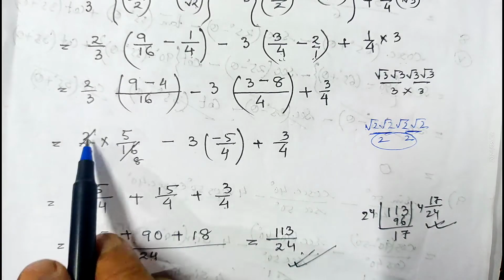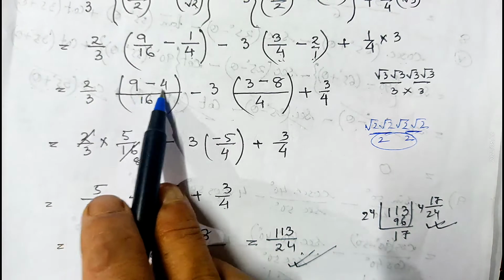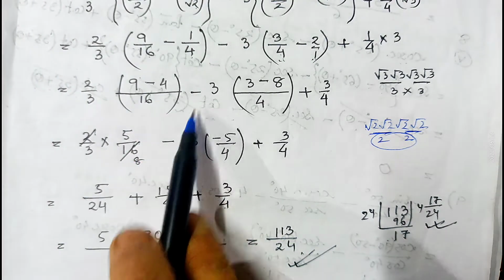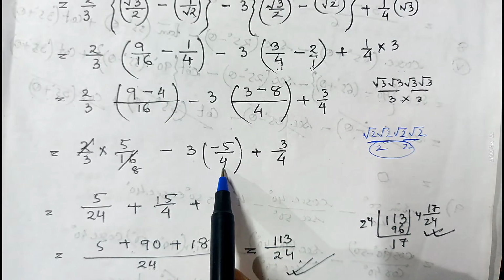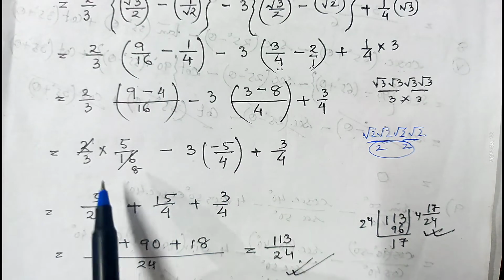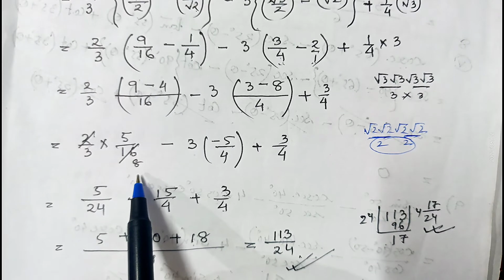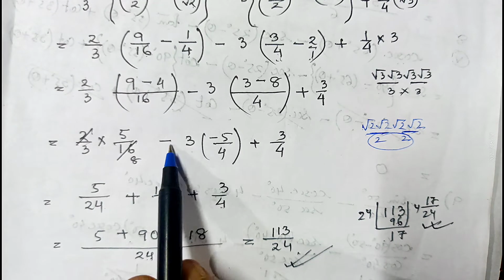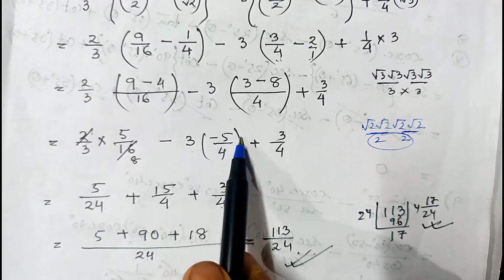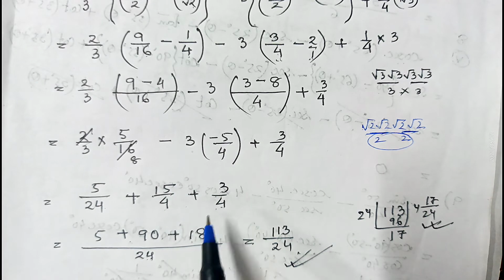So in the next step it will be 2 by 3 into 9 minus 4, which is 5 by 16, minus 3 minus 8, which will be minus 5 by 4, plus 3 by 4. Here 2 and 16 can be cancelled, so we will get 8. So it will be 5 divided by 24, minus minus plus, 3 times 5 is 15 by 4, plus 3 by 4.